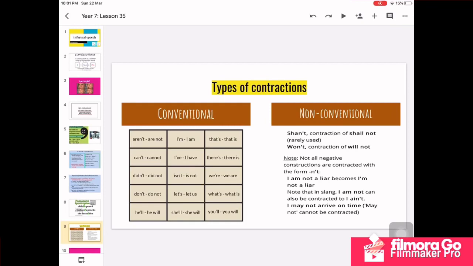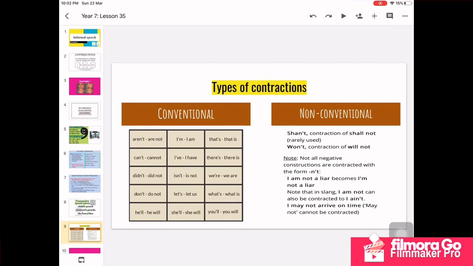However, non-conventional ones, they are a few, but you still need to know. Okay, shan't and won't. Can you see S-H-A-N-T? Shan't. So probably shall not. You may come up with a contraction that sounds like shalt, if that's the conventional way of contracting two words.